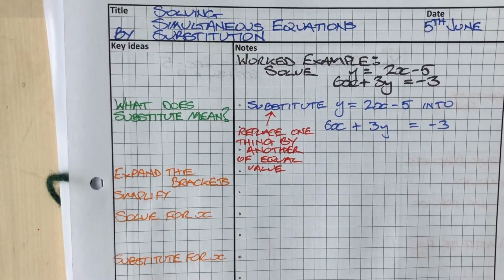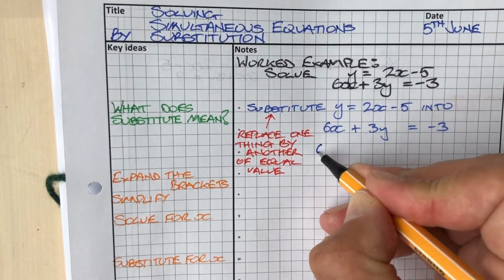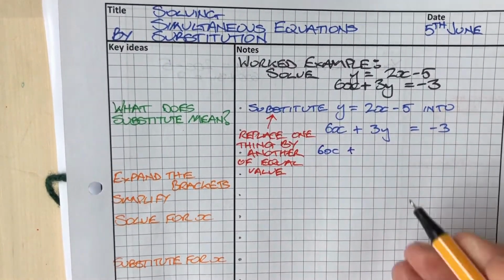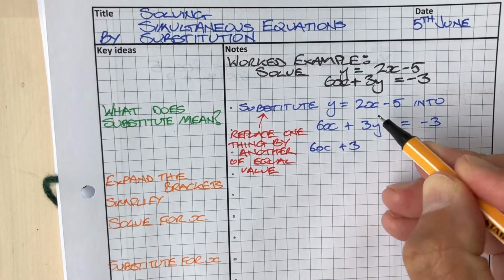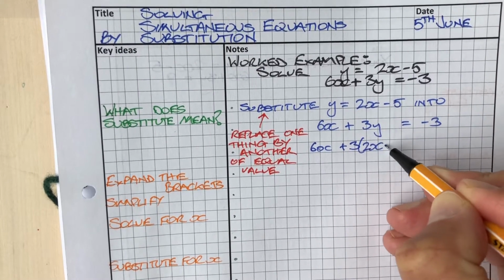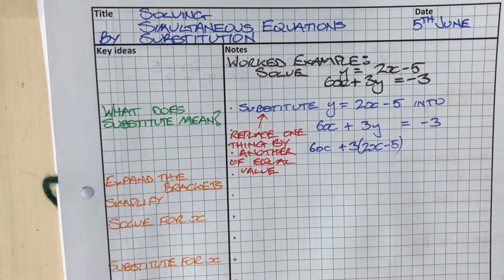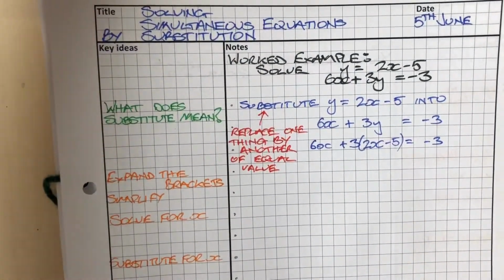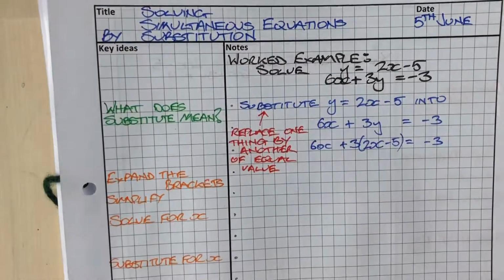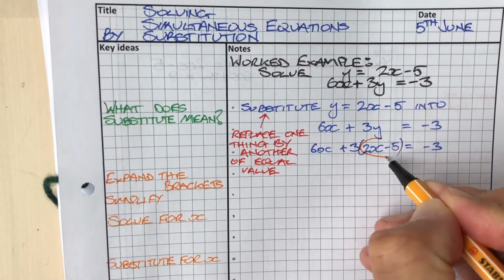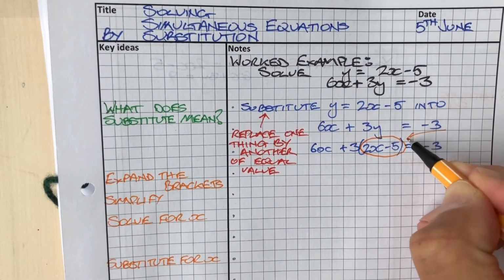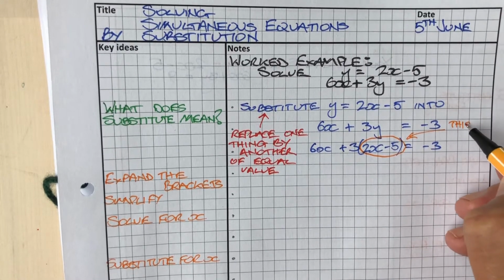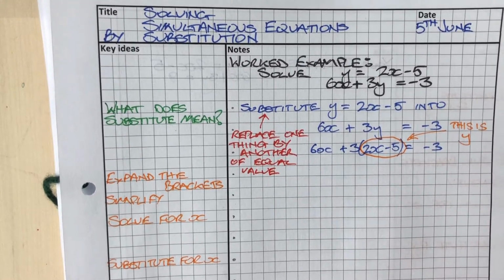Now let's have a look at that. So I've still got my 6x, and now I've got 3 lots of y. So that's 3 lots of 2x minus 5. And that's still equal to negative 3. So this bit here, that is y.